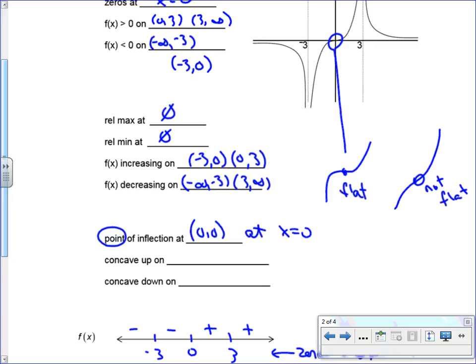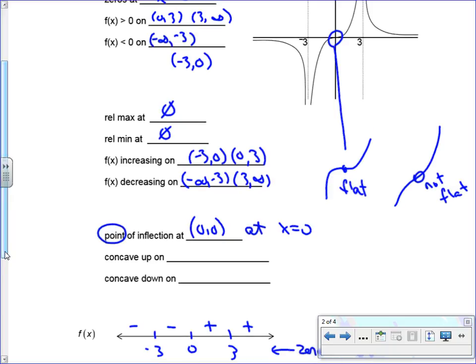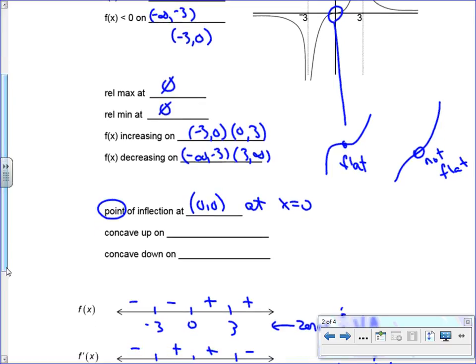But there are two other places where the concavity can change, and that's at the vertical asymptotes. And so they have to be included in our discussion. It's concave down, and then it's concave down again. And then it's concave up, and then it's concave up again. So you have to include the vertical asymptotes in your discussion of concavity.